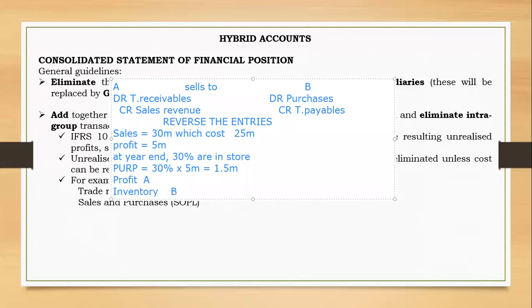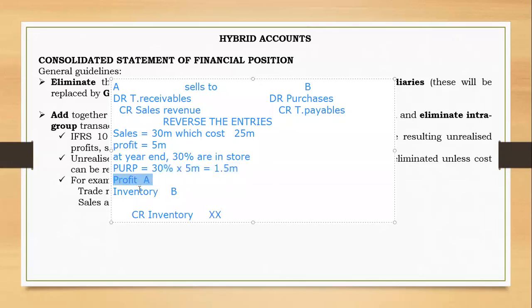So inventory is in B. So all you need to do is eliminate that. Inventory is an asset. It has a debit nature. So to eliminate inventory from B, you just credit inventory, just like this. From B, since assets are just added together, no need to specify. You remove inventory from B, and then you have to remove the profit.